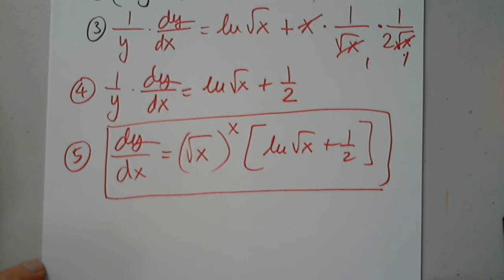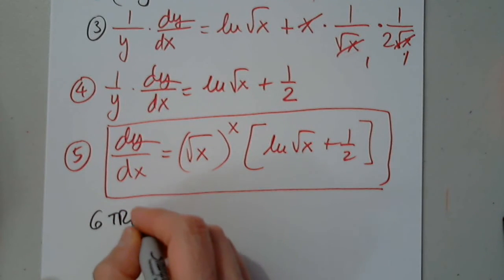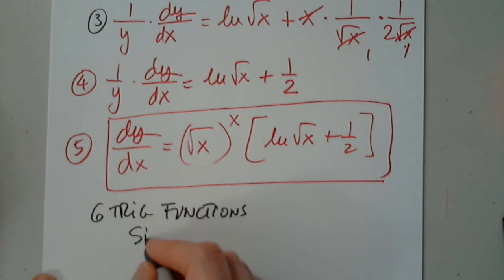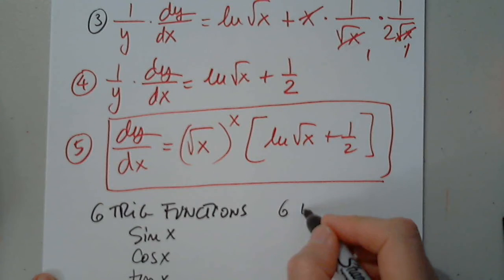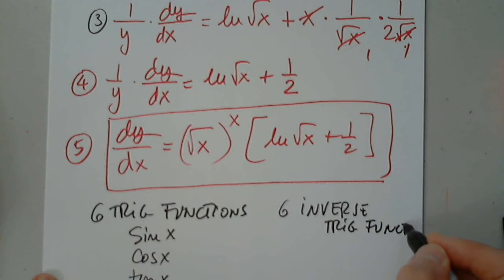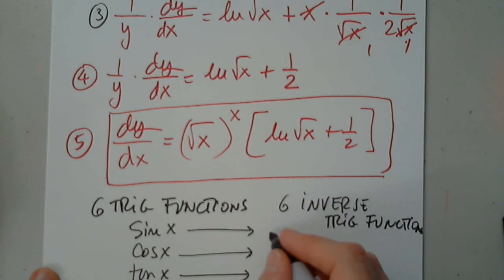Okay, what I wanted to finish this section with, as you know, we have 6 trig functions, like sine, cosine, tangent, and the other 3. So we also have 6 inverse trig functions. Yes, we have 3 more here, but I'm only interested in the inverse of sine, cosine, and tangent.